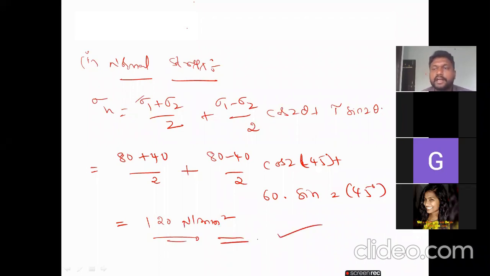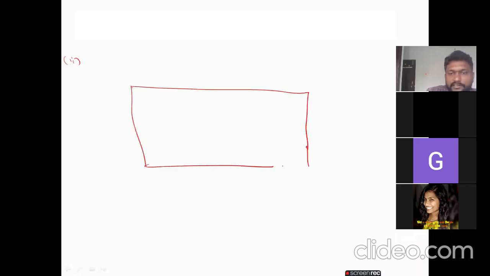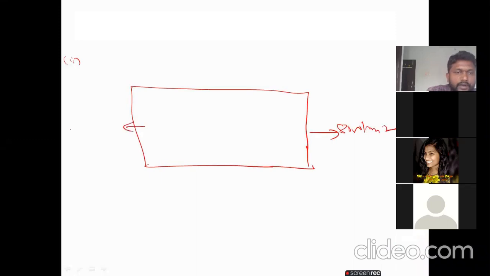So sigma n is the normal stress. Okay, so we have to follow this. And next, calculate the tangential stress or shear stress. Before that, I will draw the diagram for your understanding. In the examinations, you have to draw like this. This is 80 Newton per mm square, sigma 1, and this is 40 Newton per mm square, this is sigma 2.